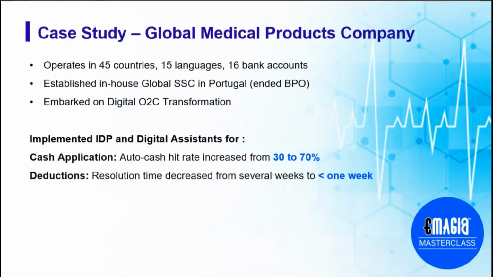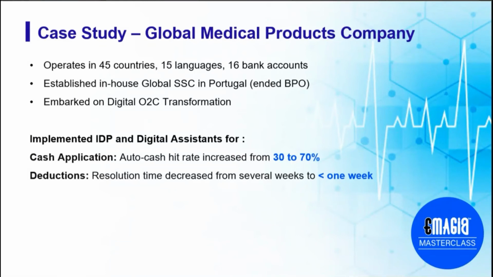But an integral part of this digital OTC transformation was to automate the data extraction, all these financial documents. Think of a global shared service center. Think about how many financial documents in all forms flow into that shared service center.